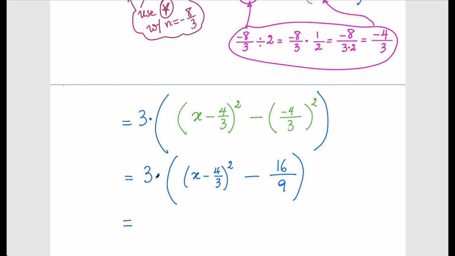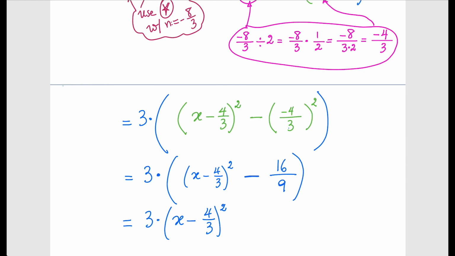Alright, now I'm going to distribute the multiplication over subtraction. So 3 is going to be multiplied by this guy. What am I going to get? I'm going to get 3 times x minus 4 over 3. Remember, my I is on the vertex form. And then 3 is going to be multiplied by the 16 over 9 with the minus sign.